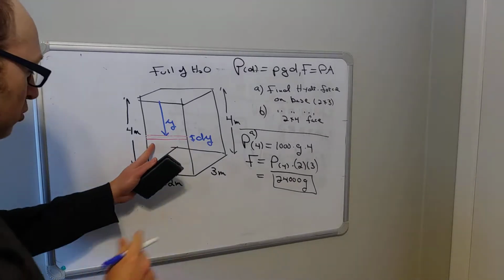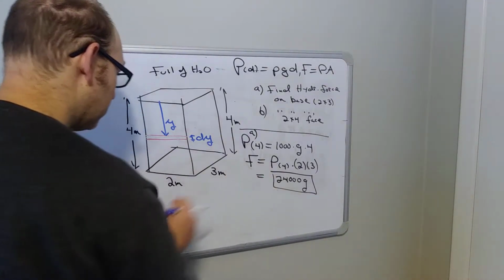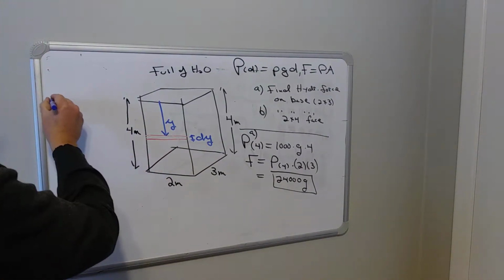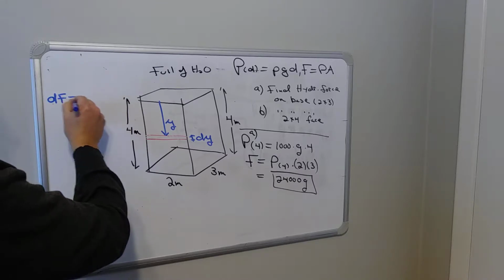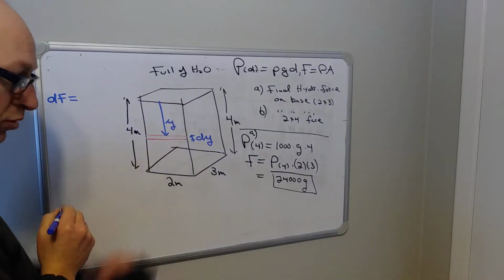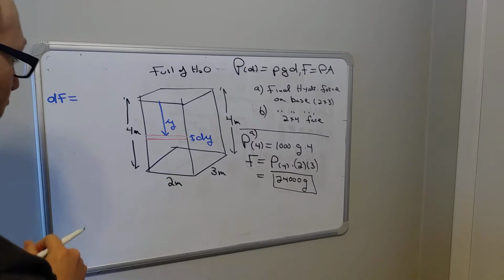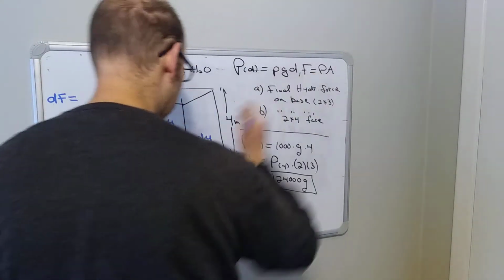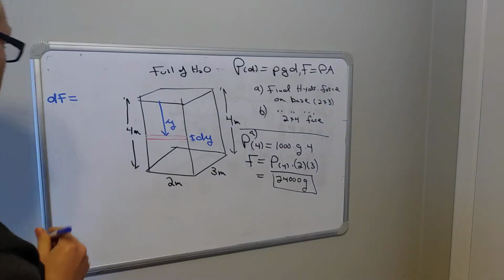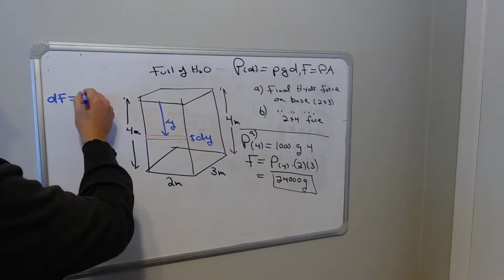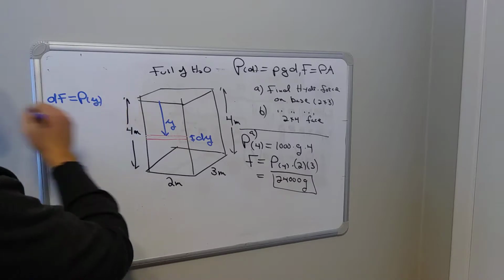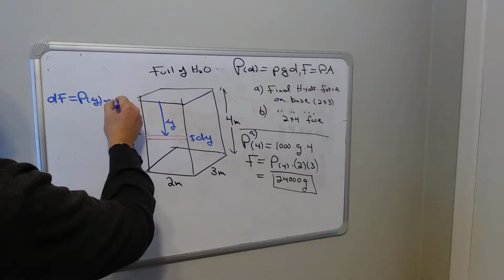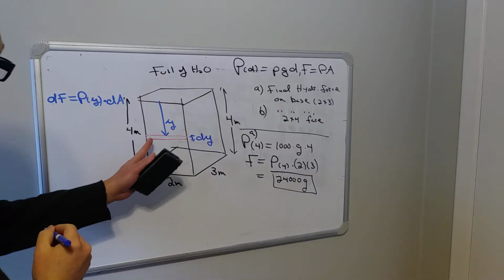So the idea is to recreate what we did here, but find a little force, dF, on this little slice of the front window. So using force equals pressure times area, we need to find the pressure as a function of y times the area, dA, of the little slice.